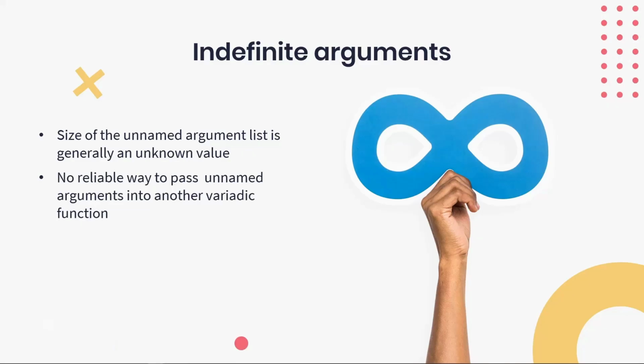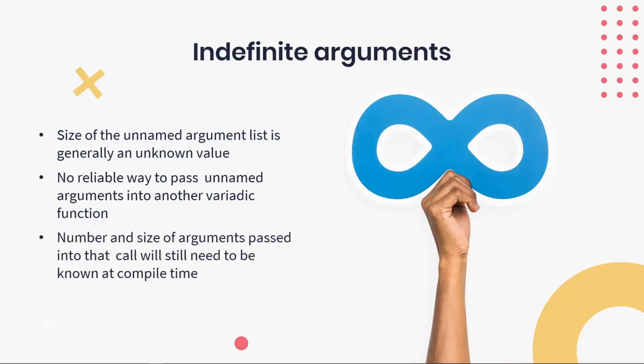Even if your device has some genius way of determining the size of the argument list indirectly, like parsing the format string of fprintf, it'll just hurt the portability of your code, because when you pass the dynamically determined number of arguments into the inner variadic call, the number and size of arguments passed into that call will still need to be known at compile time.